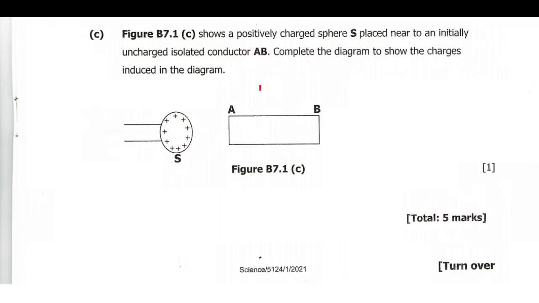So what will happen if it is brought closer here? The positive will attract all the electrons to this side and leave this side with the positive only, like this. This is how the charges will be.